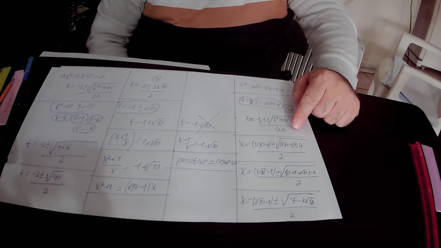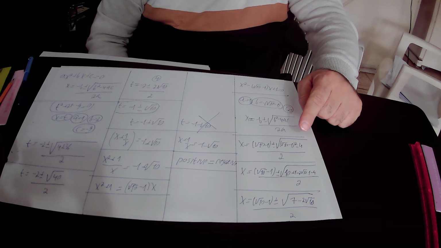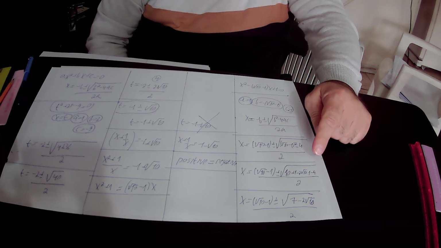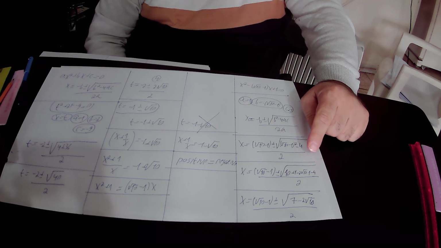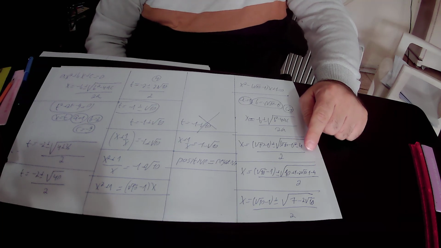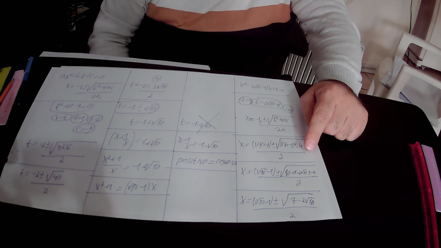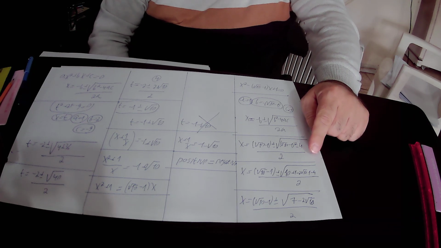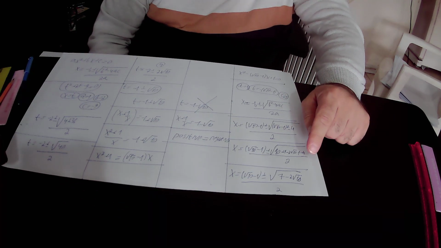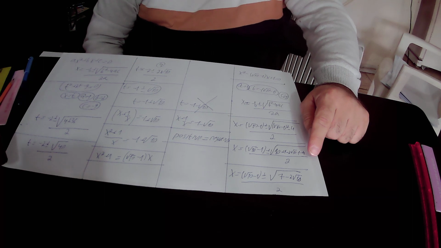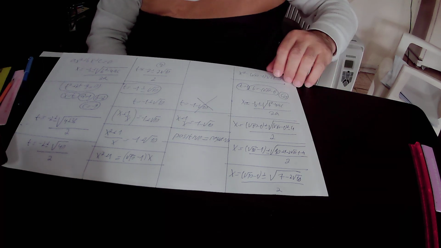And square root of 10 minus 1 squared equals 10 plus 1 minus 2 times square root of 10. And here we have also minus 4. So x equals square root of 10 minus 1 plus minus square root of 10 plus 1 minus 2 times square root of 10 minus 4. 10 plus 1 is 11, 11 minus 4 is 7. So in conclusion, x equals square root of 10 plus 1 plus minus square root of 7 minus 2 times square root of 10, over 2.